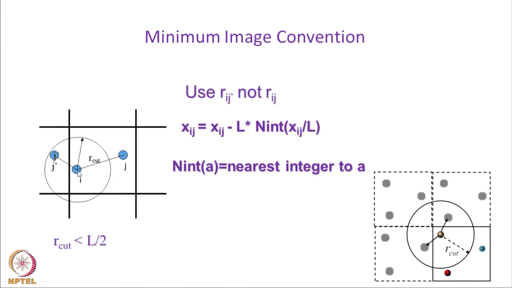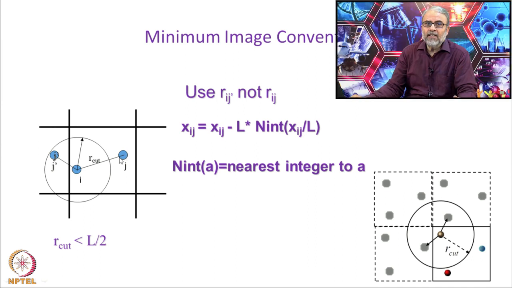What is the meaning of a minimum image convention? Each particle interacts with all its neighbors in such a way that this particle is treated as the center of the box. So, for example, if this molecule is i in this box, it will not interact with molecule j in the same box, it will interact with molecule j prime, because that j prime is closer to i than j.